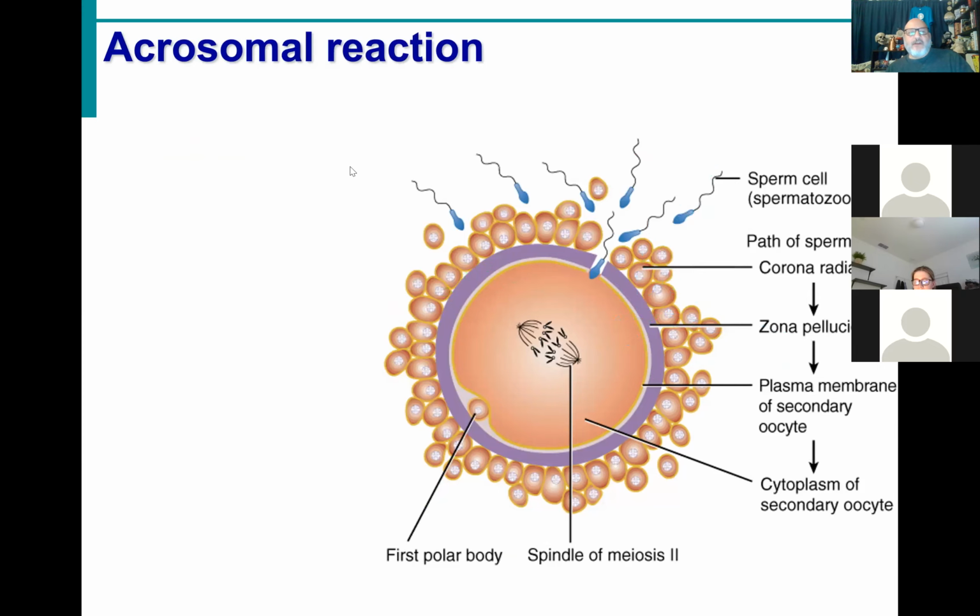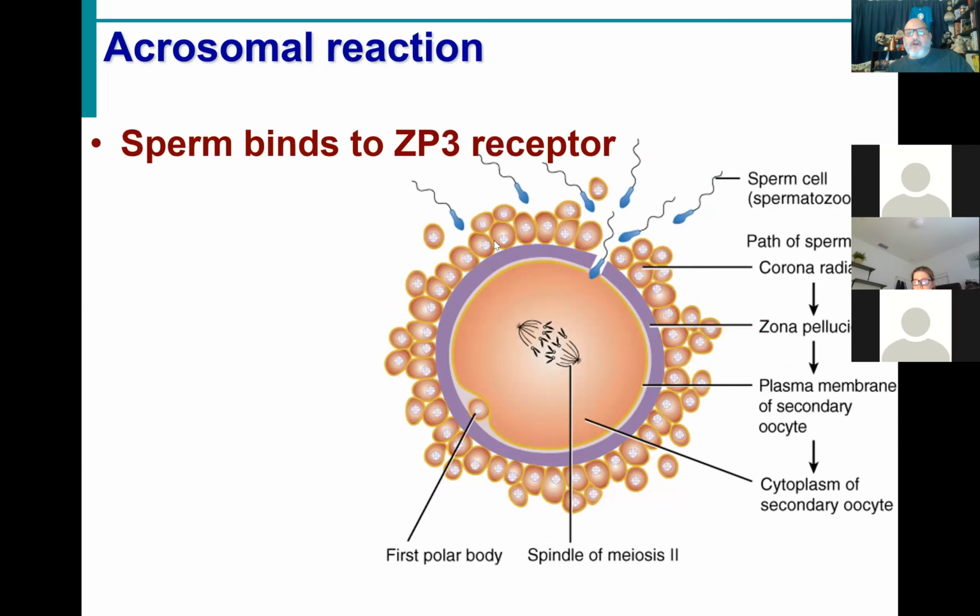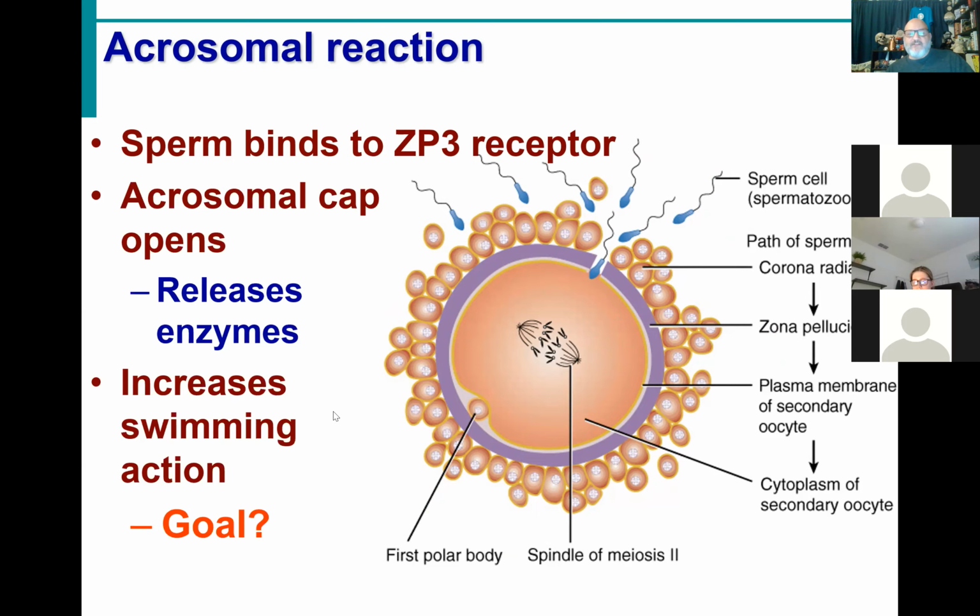Let's put this all together again. So again, our sperm head binds to that ZP3 receptor, causing the rupturing of the acrosomal cap, releasing those digestive enzymes. And again, it is going to vigorously spin its tail, chewing away at that zona pellucida, trying to form openings.